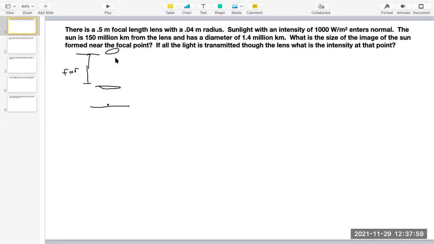So light from the sun comes in pretty close to parallel, and is going to meet at the focal point. But it's not exactly parallel because the sun isn't a dot. So you're not going to get an exact point of light here. You actually get an image of the sun.